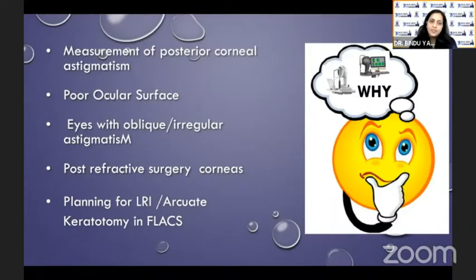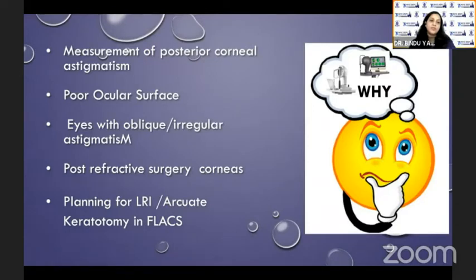Poor ocular surface will always give us an irregular corneal surface and therefore measurement errors, so we will get more reliable readings with the Pentacam. Eyes with irregular corneas and oblique astigmatism are conditions where repeatability is a problem. Pentacam still is better than any other biometer.